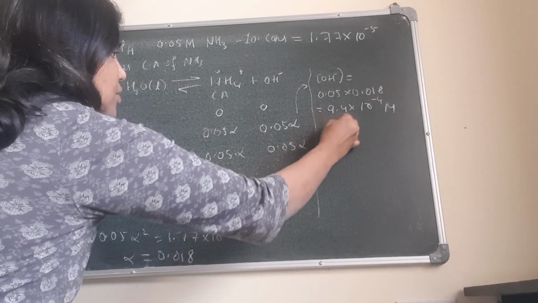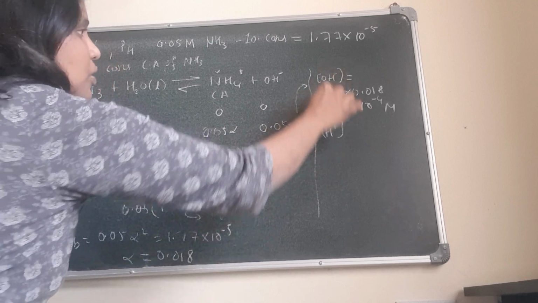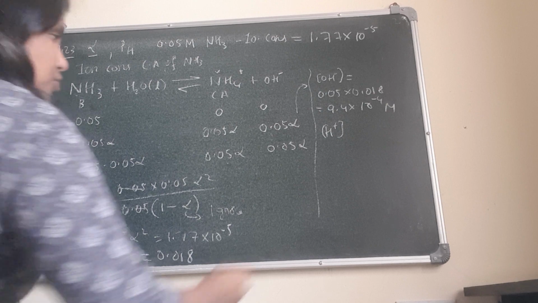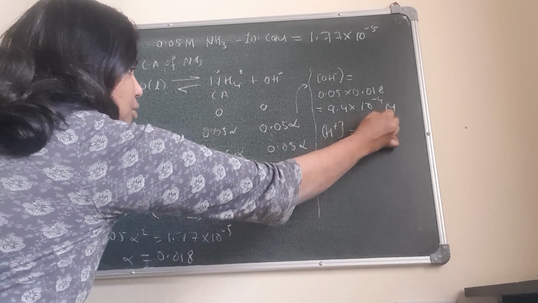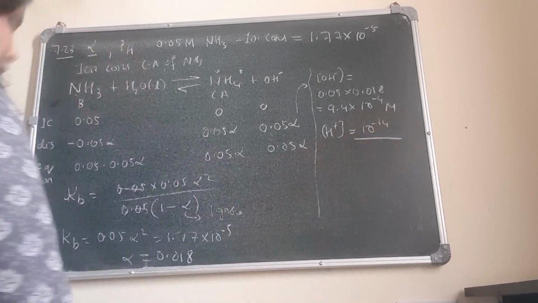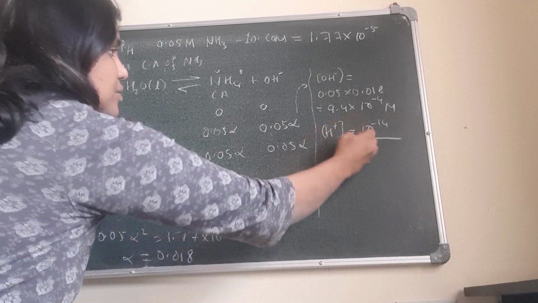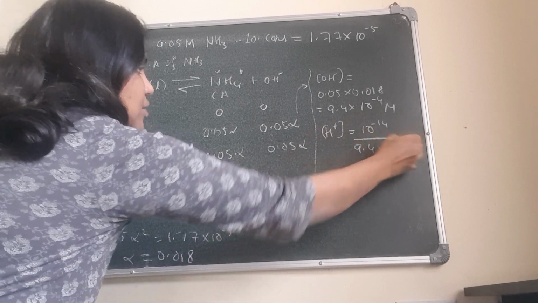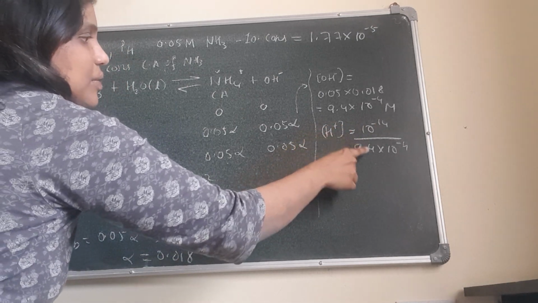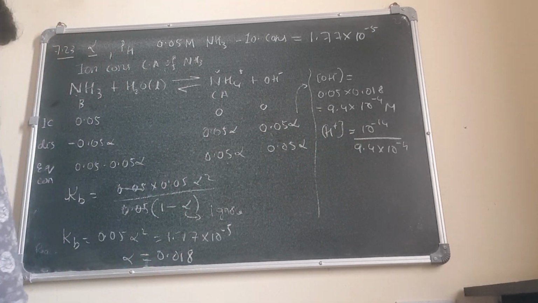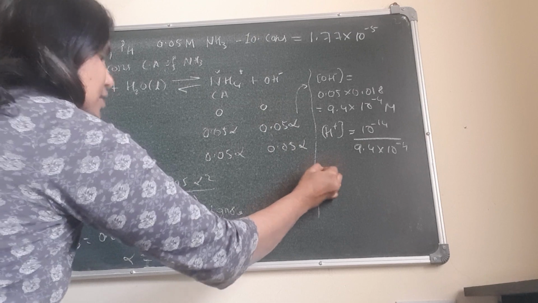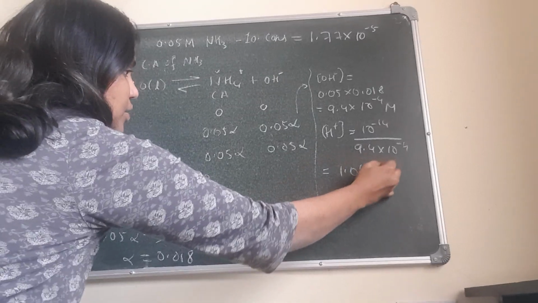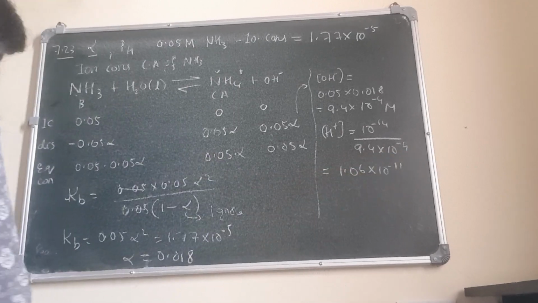So what will be the concentration of H plus? You know at equilibrium the ionic product is 10 power minus 14. So this will be 10 power minus 14 divided by the concentration of hydroxyl, because the product of H plus into OH minus should be equal to 10 power minus 14. So now I get the concentration of H plus, which is 1.6 into 10 power minus 11.